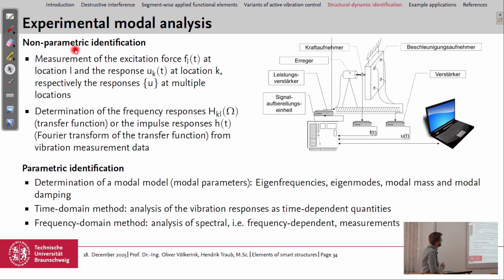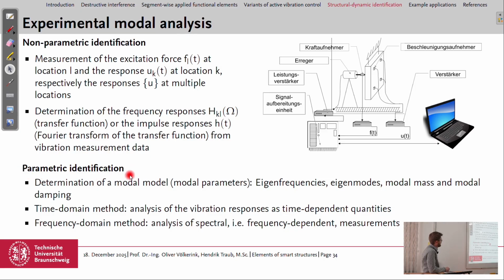In a non-parametric case, we measure the excitation force at the location L, for example, and the response at location K, and we do this for different responses at multiple locations, and with this we can define our frequency response in terms of the transfer function which we need to calculate the forces for the actuators.